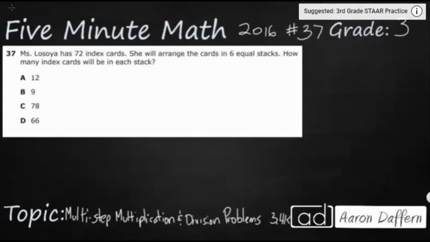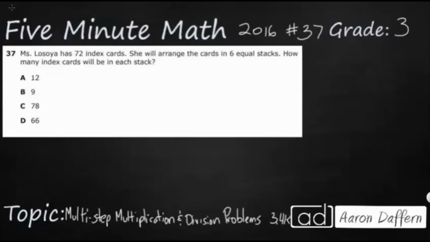So this standard has both one and two-step problems, and this happens to be just a simple one-step problem. So we have Miss LaSoya. She's got 72 index cards. She's going to arrange them into 6 equal stacks, and then how many index cards are going to be in each stack. So our only clue here is going to be this term equal stack.